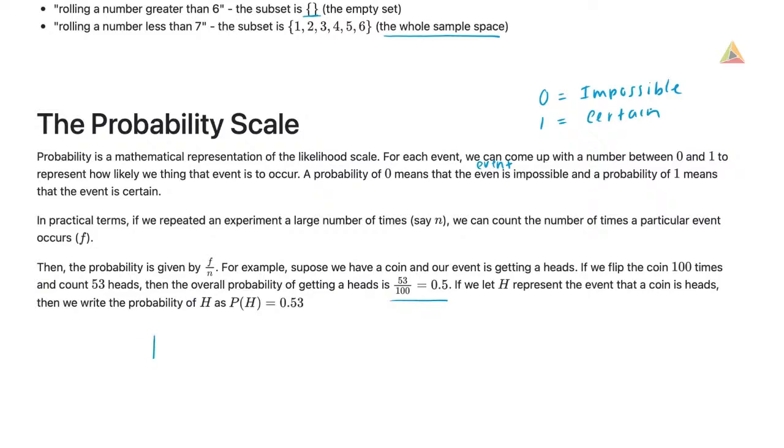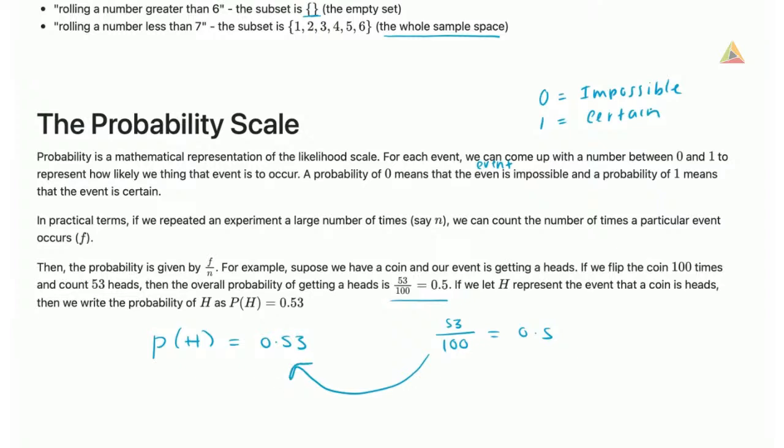So what that means is the probability of rolling a heads is 0.53. And the way they got that was in the experiment, flipping the coin 100 times, so it's out of 100, they actually rolled heads 53 times, and when you put that into the calculator you get 0.53. So that's where this came from.